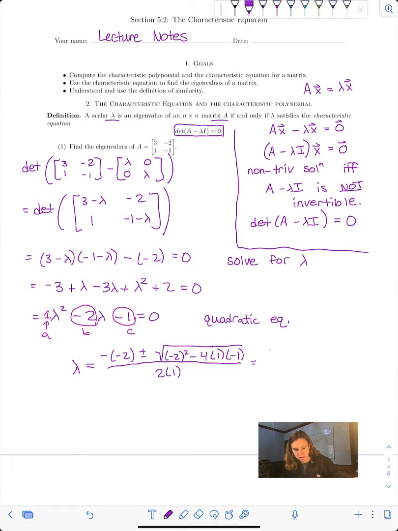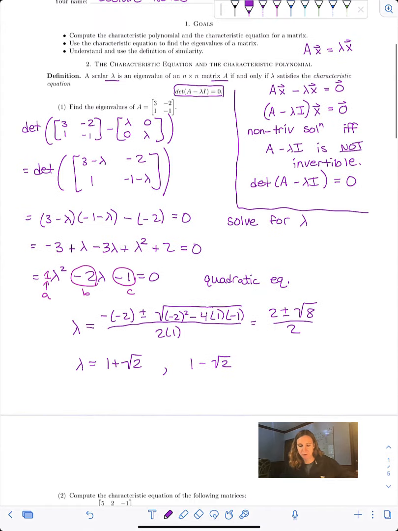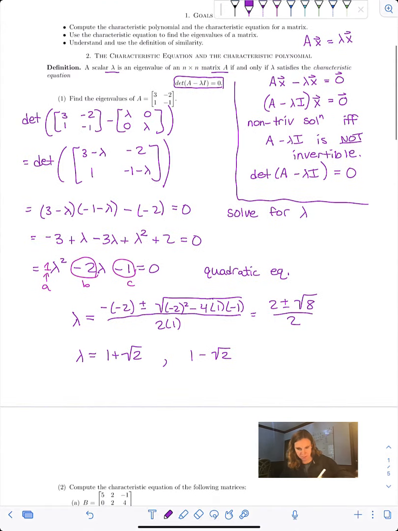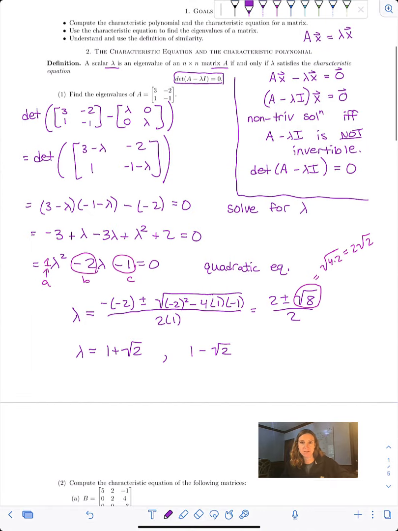And so that's going to end up being 2 plus or minus the square root of 8 over 2. And so our two eigenvalues for this particular matrix are 1 plus root 2 and 1 minus root 2. Just to make sure that you are good with this, the square root of 8 equals the square root of 4 times 2, which is 2 times the square root of 2. Okay, so that's how we find eigenvalues.